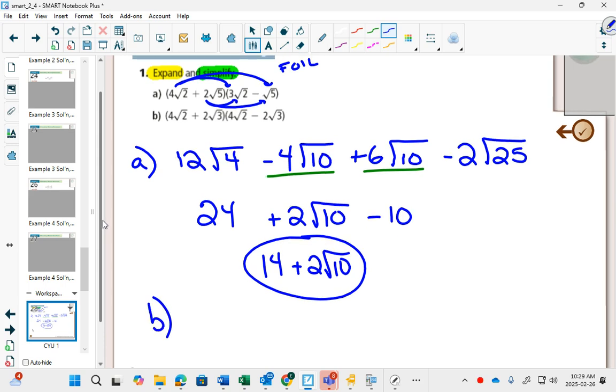For B, you could either do the same thing as A, or possibly you notice it as a difference of squares. And I'm just going to use variables here.